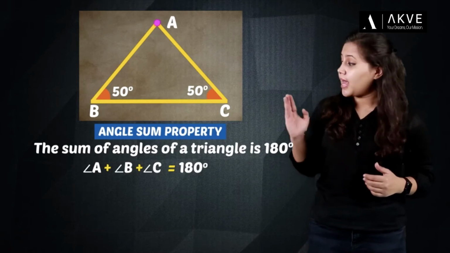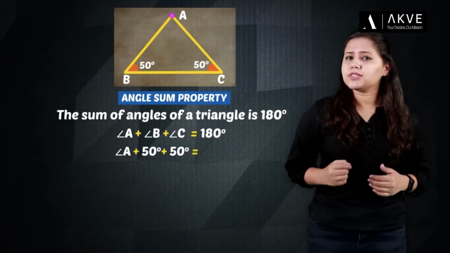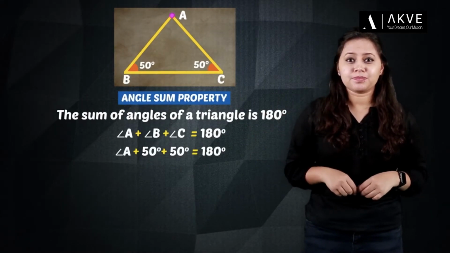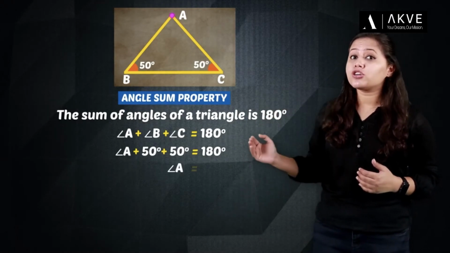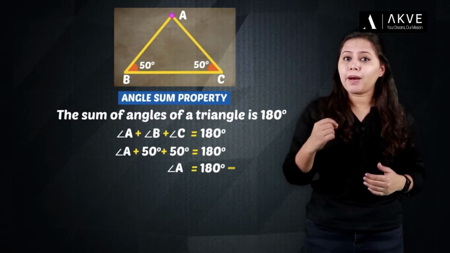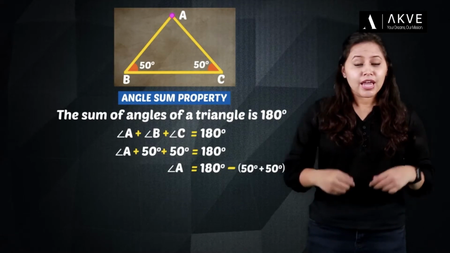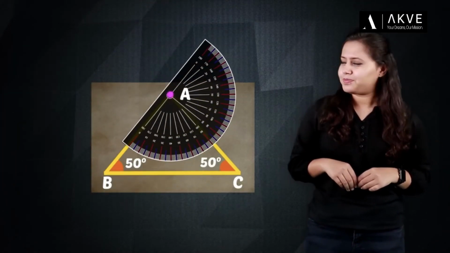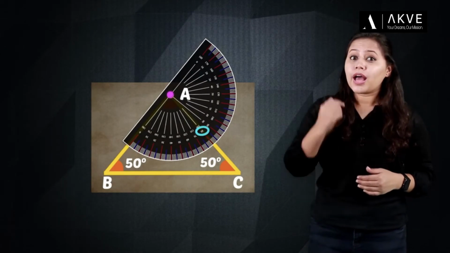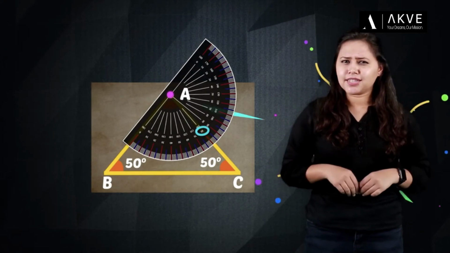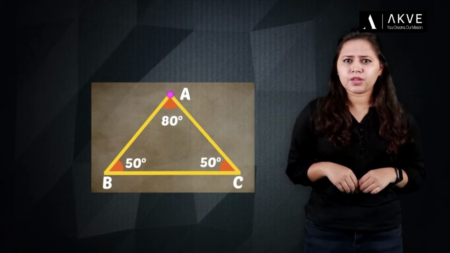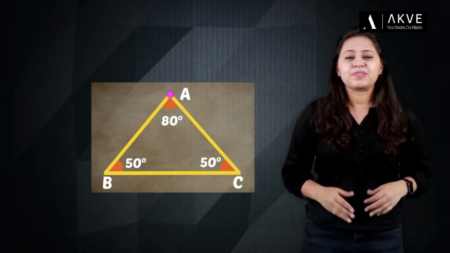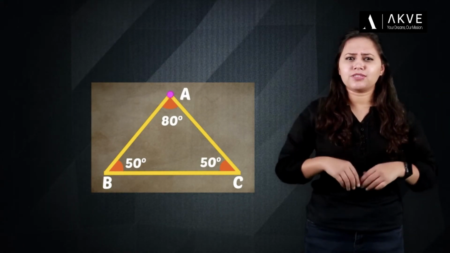And we know that angle B is equal to angle C is equal to 50 degrees. Thus, angle A should be 180 degrees minus 50 plus 50. And we get 80 degrees. Let's confirm. Oh, angle A is indeed 80 degrees. What about yours? Does it measure the same? Great, we are on the right track.